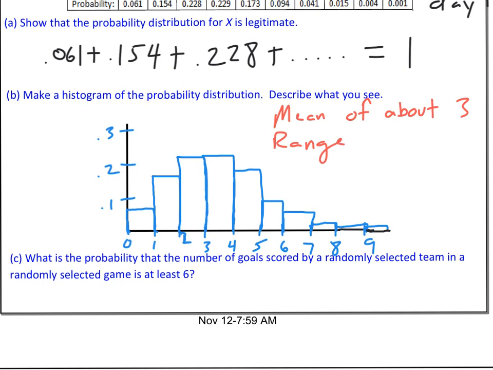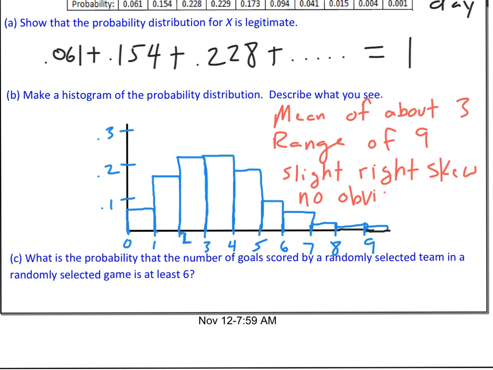Here's spread. I can tell there's a range of 9. And I'm going to say shape looks to be like a slight right skew. And then no obvious outliers. There's no disconnected parts to the histogram, so I don't think there's any.